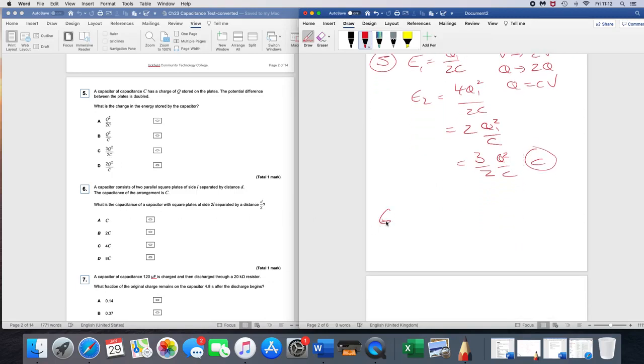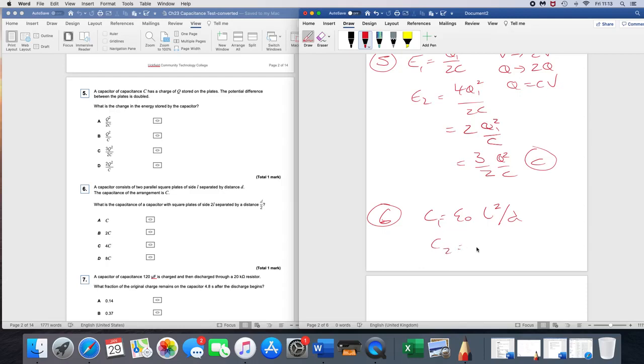Question 6. We have a capacitor, consists of two parallel square plates, side L separated by distance D. So C is epsilon naught L squared over D. There's C1, right? What is the capacitance of a capacitor with a side 2L and D over 2?